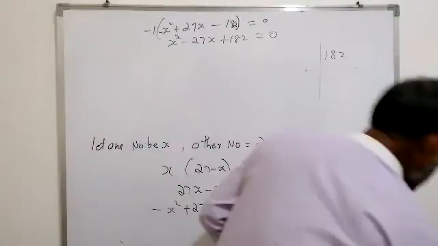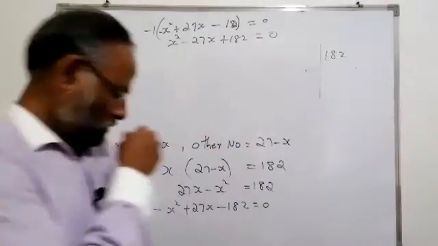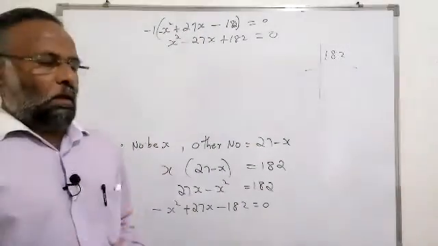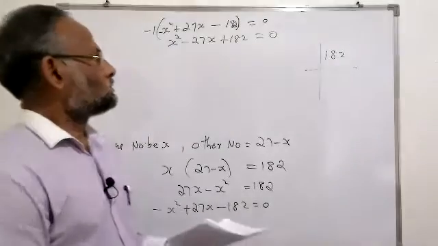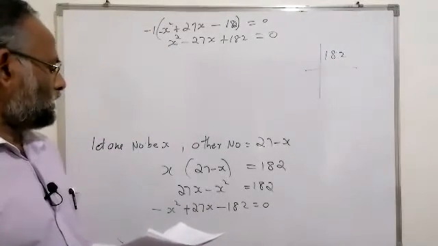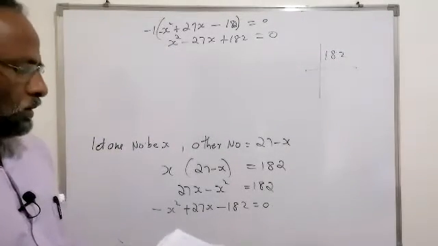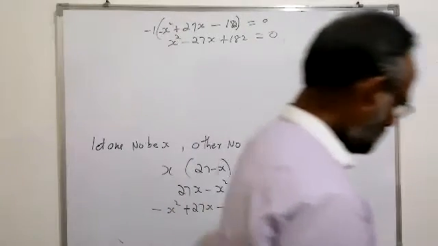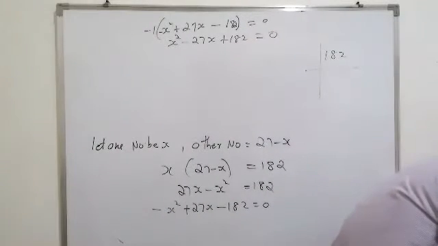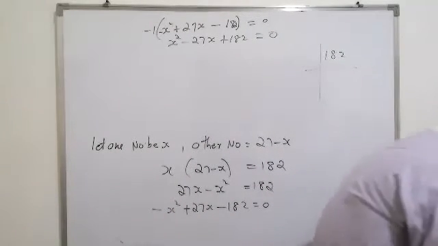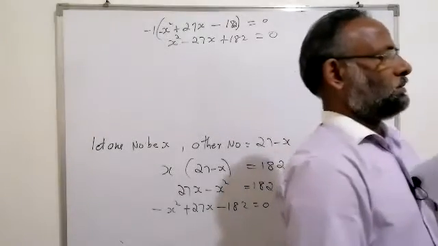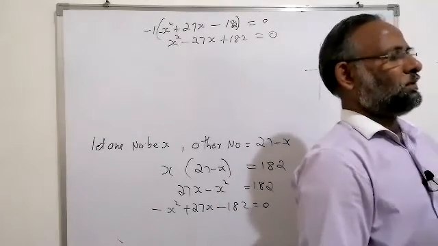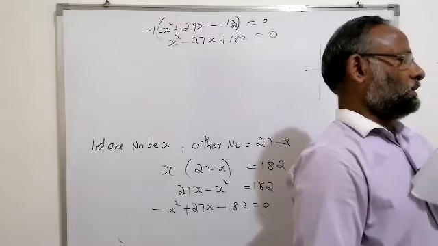What answer you got? x square minus 27x plus 182 is equal to 0. Which are the numbers? What is x equal to? Minus 13, minus 14.